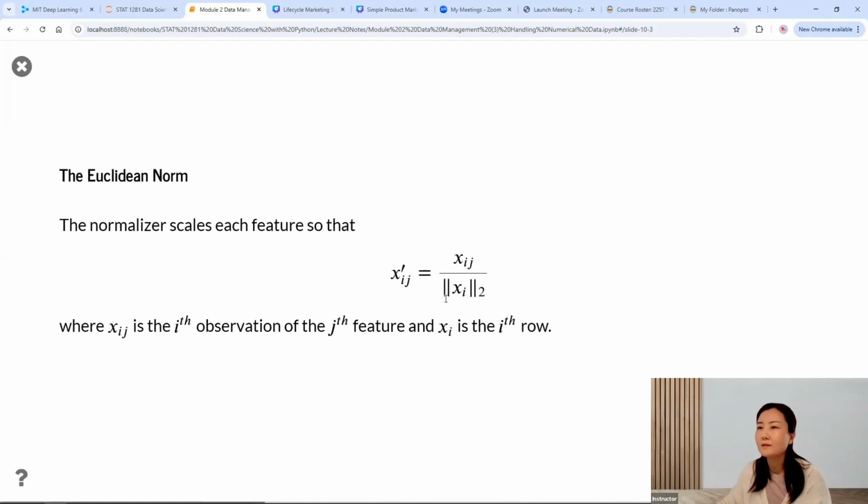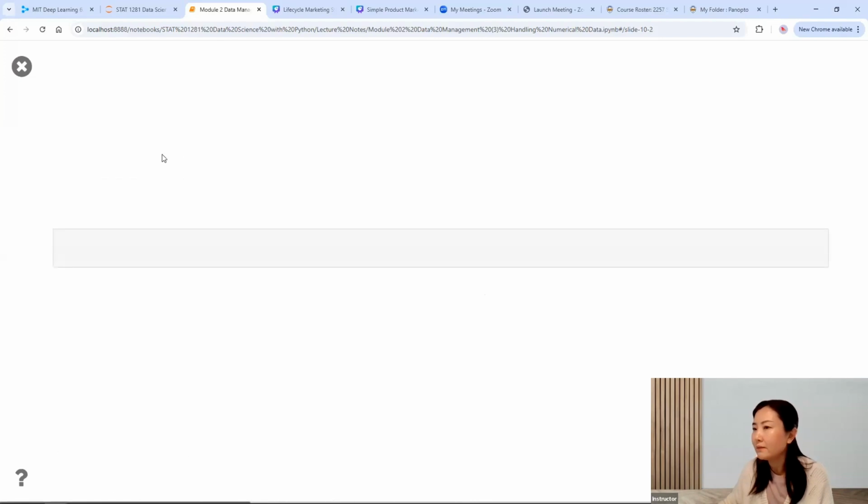Now how does the normalizer process data? It will divide each observation by its row norm, and we call the result x prime. Let's try to understand the scheme and why after the transformation the norm of each row becomes 1. Let's go back to the previous slide. I created an empty slide for derivation purposes. Let's clearly define everything.